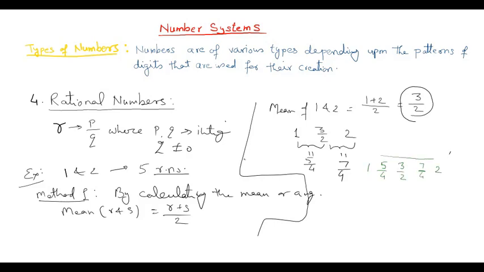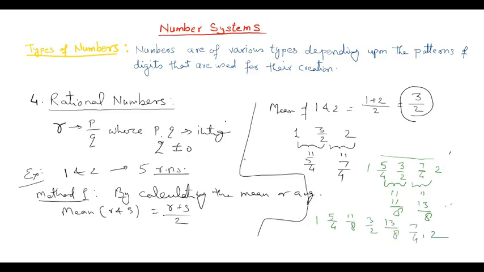Now we have to calculate 5. So again we will calculate the mean between these two numbers. The mean between these two calculated numbers will be 11 by 8, and the mean between 3 by 2 and 7 by 4 will be 13 by 8, and so on. So here we can say 1, 5 by 4, 11 by 8, 3 by 2, 13 by 8, 7 by 4, 2.